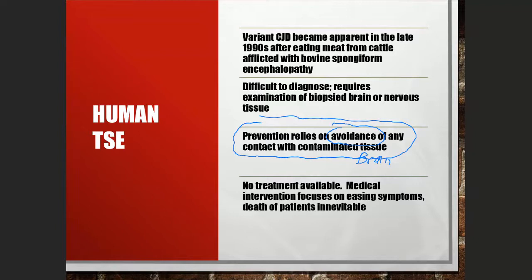So try to avoid eating animal brains, especially if that brain has the prions on it. So no treatment is actually available for this type of disease. So the only way to prevent this disease is to avoid eating the animal brain, especially cow brain, mad cow brain.